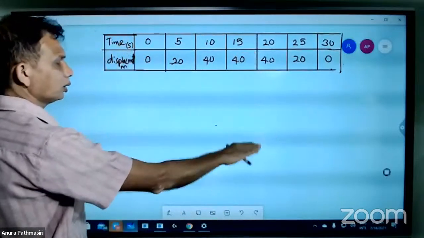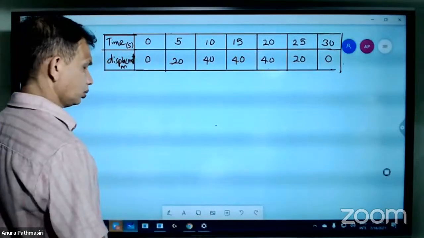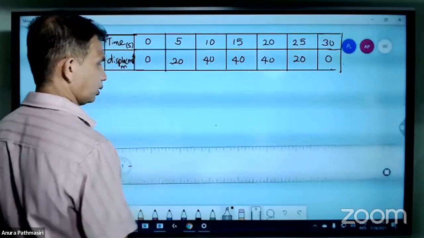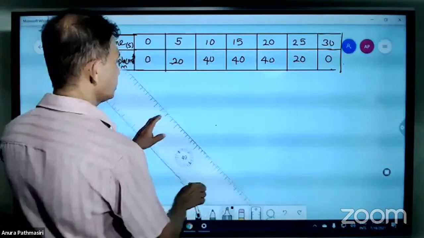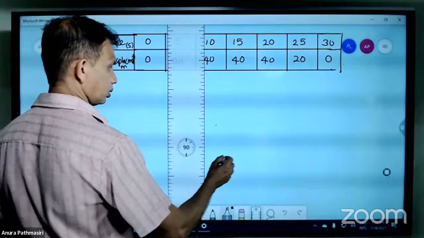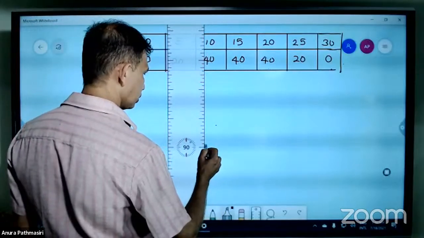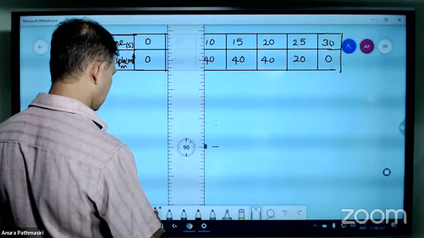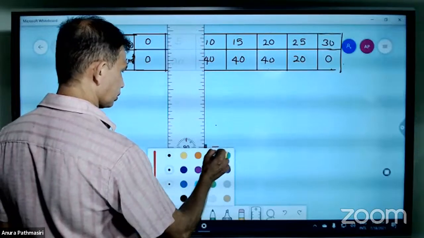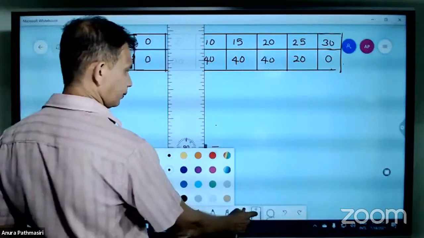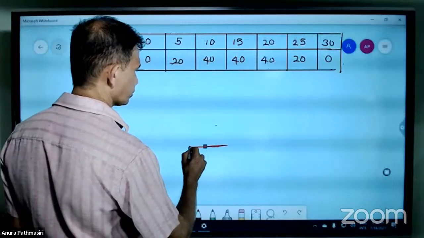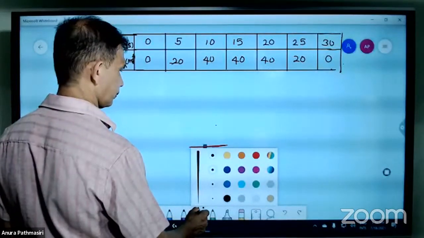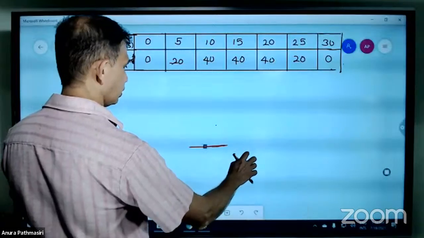I'm going to show you in the real situation, whatever the information given in the table. So look at here. Now I have two areas in my chart. This is the initial position.